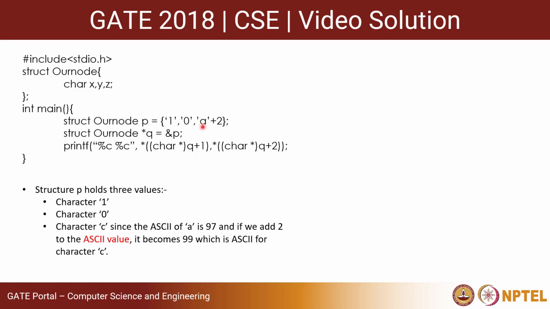The ASCII value of small a is 97, and when we add 2 to it, we get 99. And this 99, we are storing it in a char, so the ASCII value 99 gets converted into its corresponding character, which is C. So our structure P holds 3 fields, 1, 0, and C.